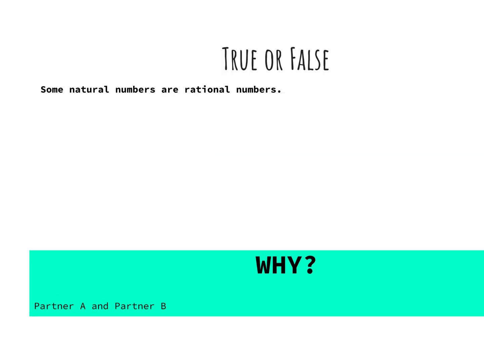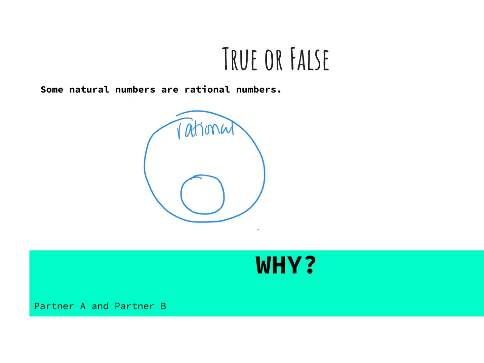Some natural numbers are rational numbers. That is true. But are all natural numbers rational numbers? So again, here's the rational numbers, the very largest of the groups. And in here are the natural numbers.